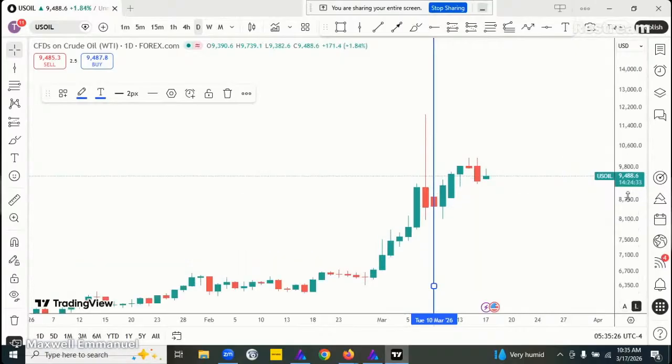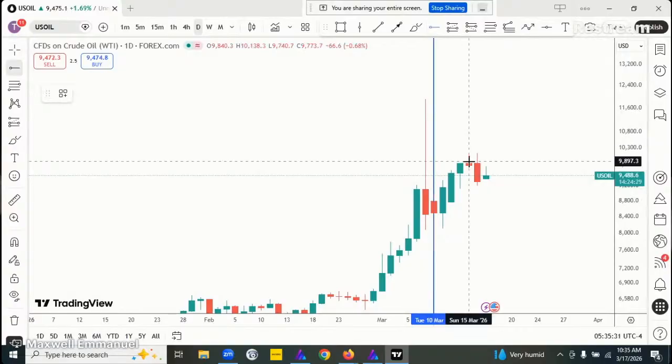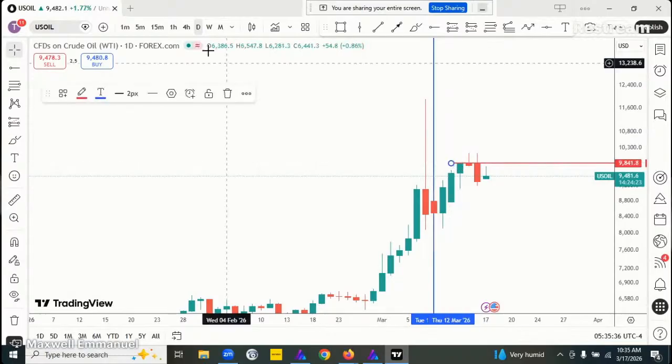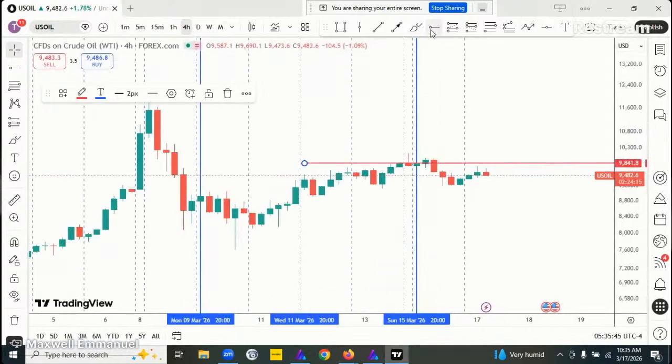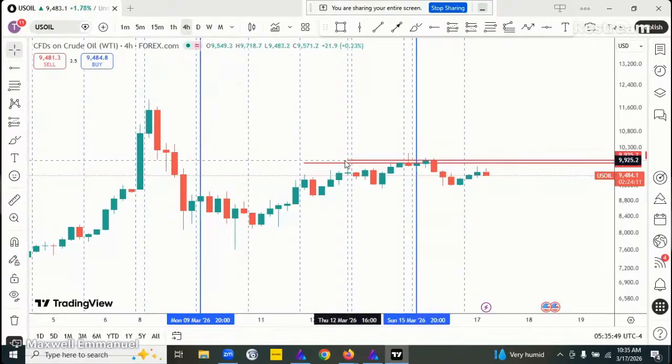That's a shooting star, and it has created a resistance. You keep selling until this resistance is broken. If that resistance is not broken, you don't buy US oil, in as much as price is still below this resistance zone. This is your resistance zone right now.